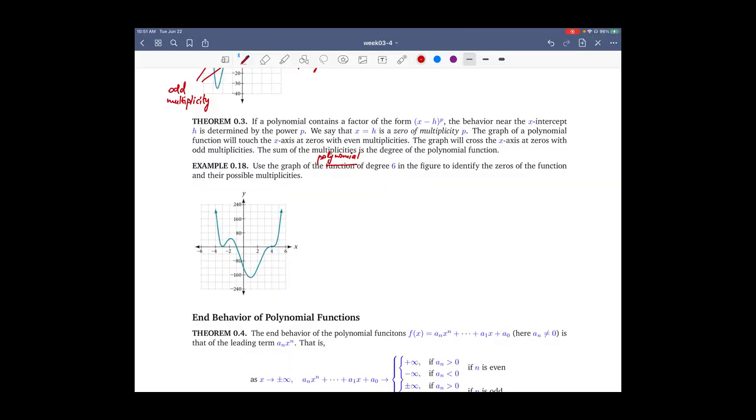Identify the zeros and their possible multiplicities. And I would even add here, find possible forms of f.